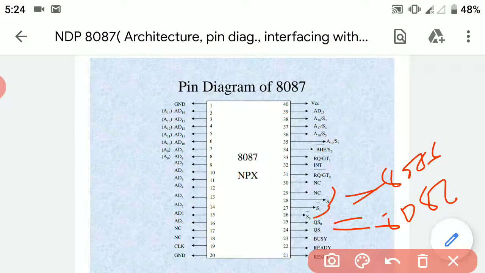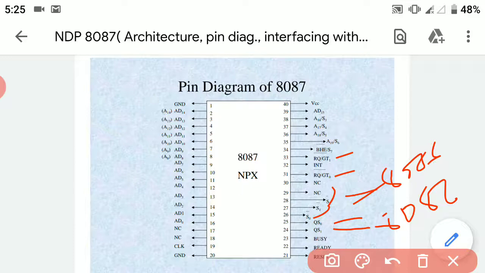These two, RQ/GT0 and RQ/GT1, are request and grant pins. There will be two priorities set. The higher priority will be given to GT0 and the lower priority to GT1.